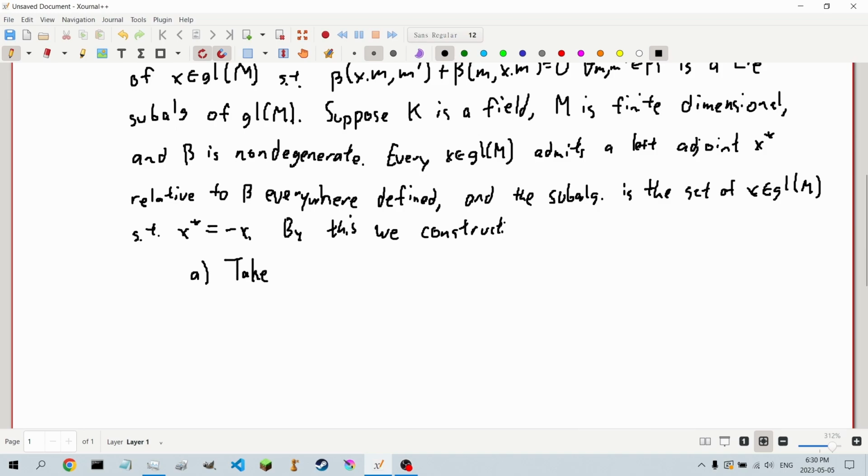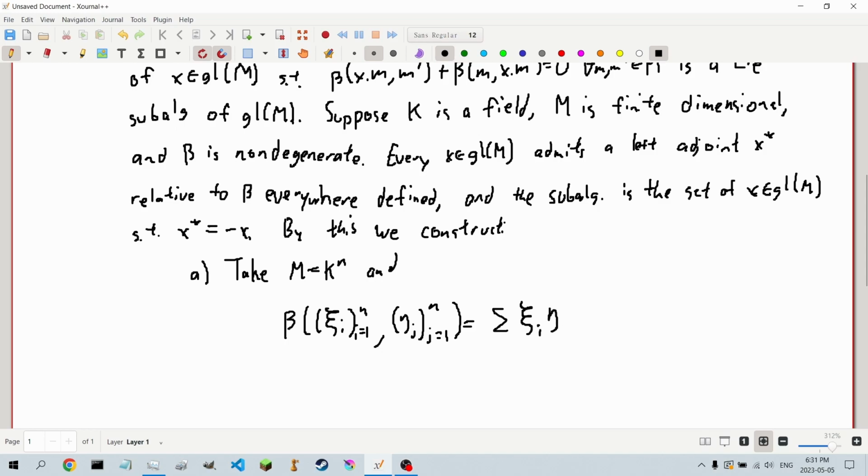First example, we're going to take M to be k to the n, and our bilinear form beta acting on xi and eta returns the, you multiply them component-wise and then add up each term.